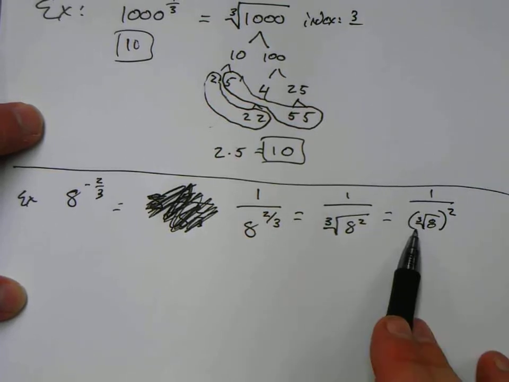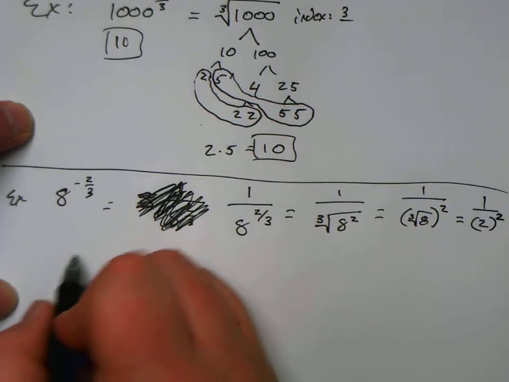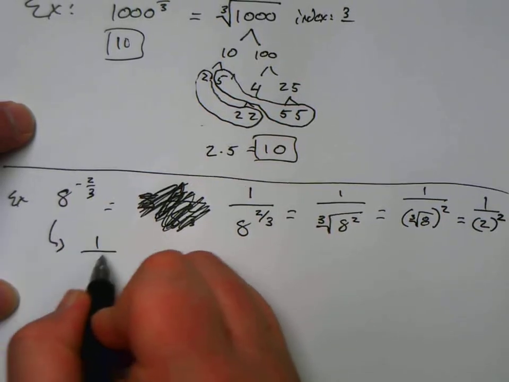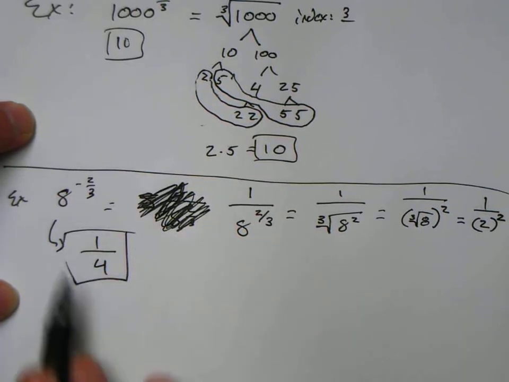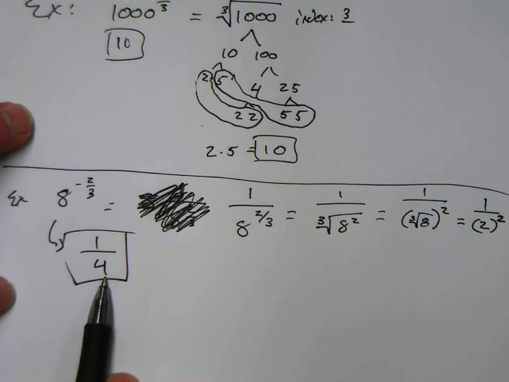And now I know the cube root of 8 is 2, so this leaves me with 1 over 2 squared, and 2 squared is 4, so I'm left with 1/4. So 8 raised to the negative 2/3 power is really 1/4.